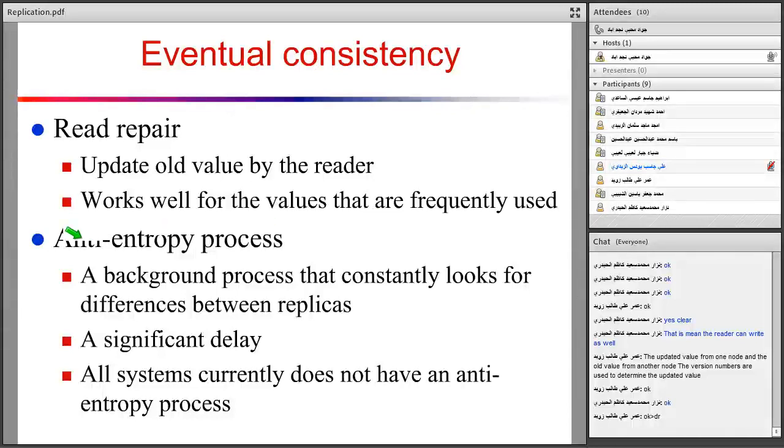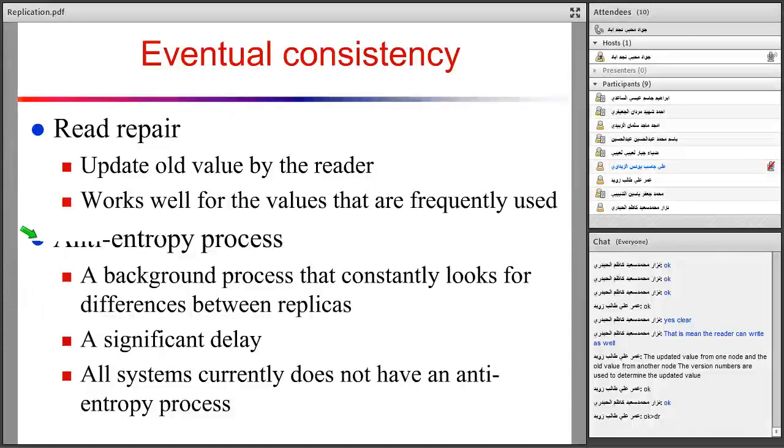This process can find the difference between replicas, and it can be used to change the old value to the new value.